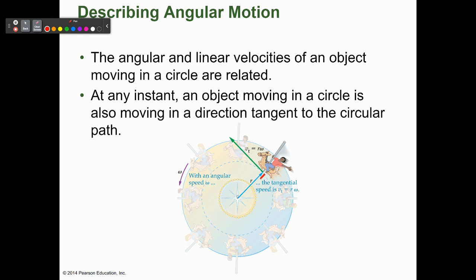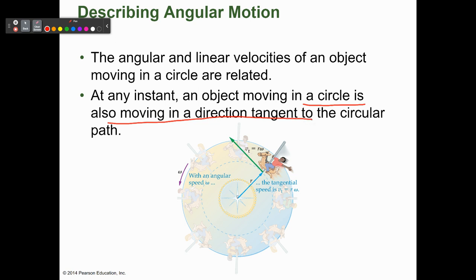Now, linear velocity would be if at any particular moment it stopped moving in a circle, you would go off, according to inertia, in a straight line path and continue to move in the same direction you were moving at that instant. So, at any instant, an object moving in a circle is also moving in a direction tangent to the circular path.